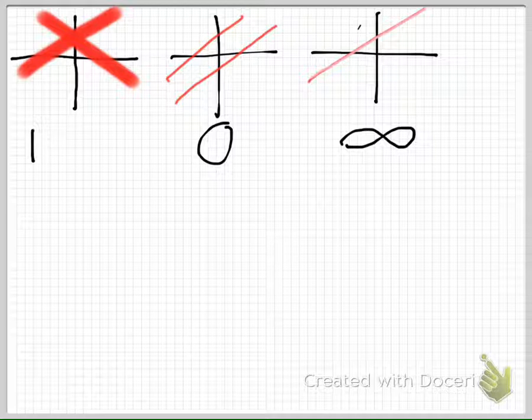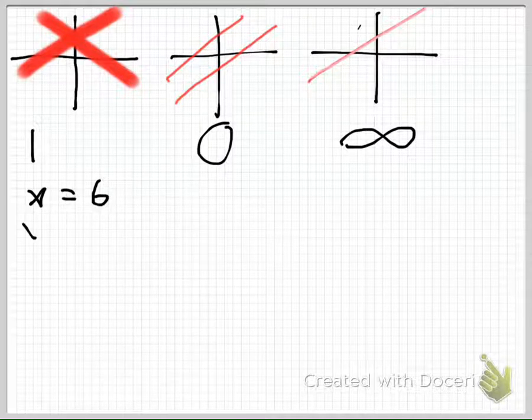If when you substitute you find a specific value for x and y, it's one solution. If when you use elimination you find a value for x and y, it's one solution. Okay? So what I'll put as an example here is if I find x is 6 and y is 7, then yeah, that's one solution.